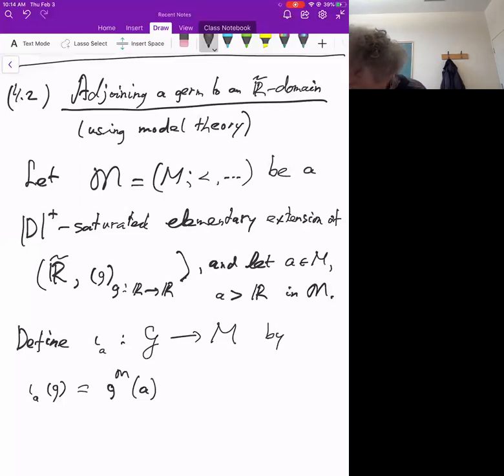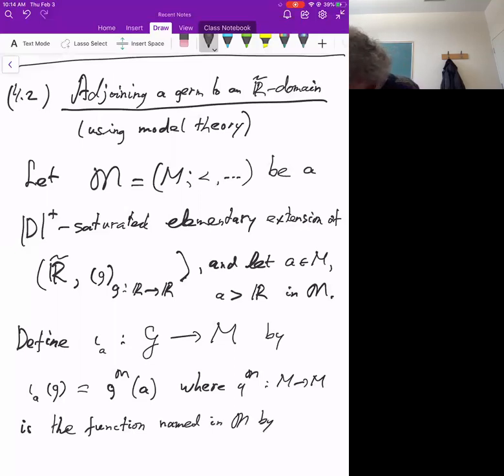Maybe I should write out the last thing: g_M from M to M is the function named in M by some g from R to R representing the germ g on the left.